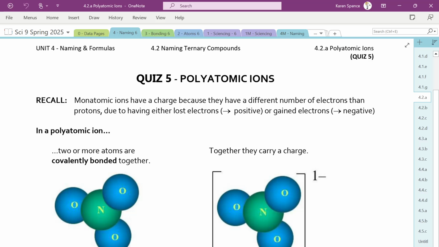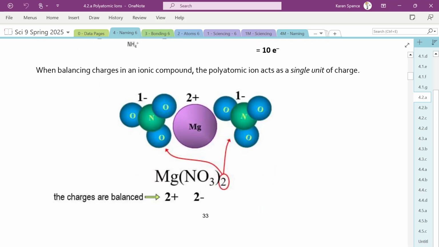That's going to make it easy for you to find. All right. Okay, so this is on page 33.